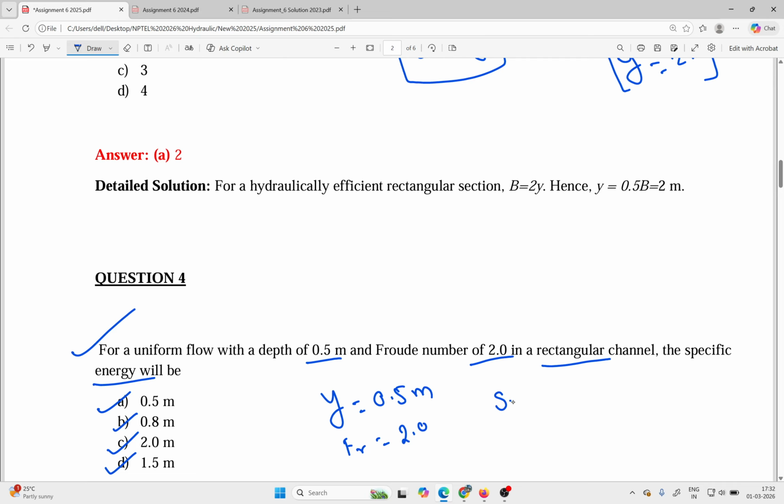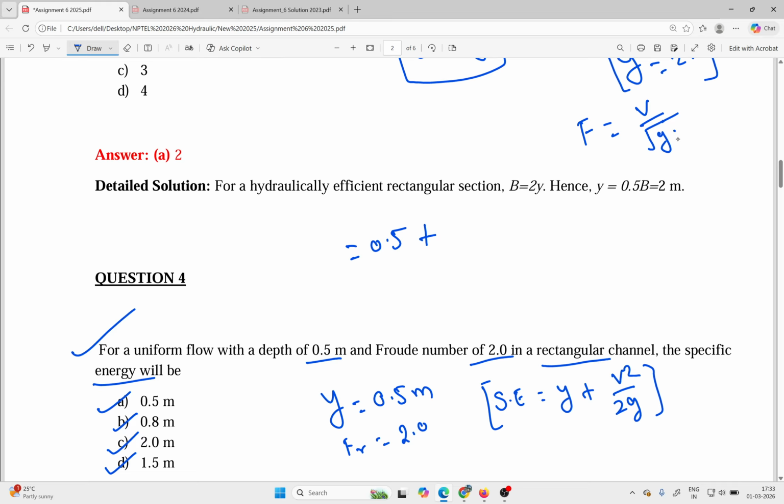As you know, the specific energy is y plus v square by 2g, as I explained earlier in question number 1. Y is given as 0.5, and what about the Froude number? Froude number is nothing but v by root g d.